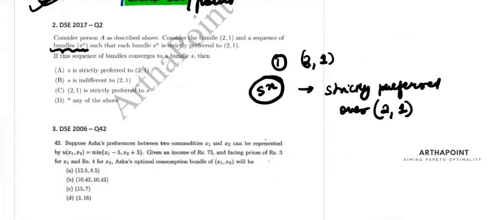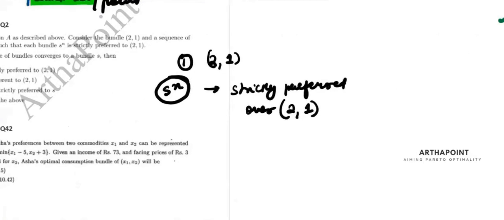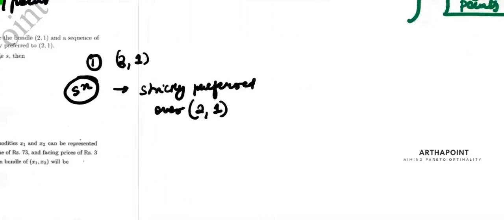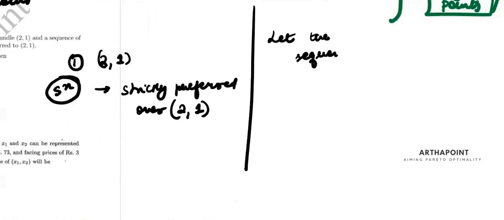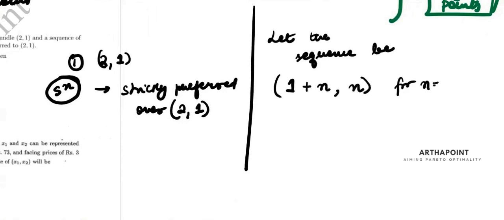In order to create this bundle, you can take different values. So for example, you can say let the sequence be 1 plus n comma n, for n starting from 1 to infinity.